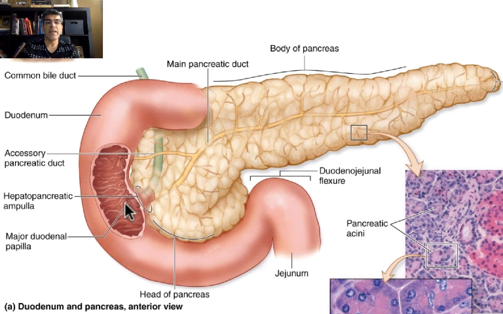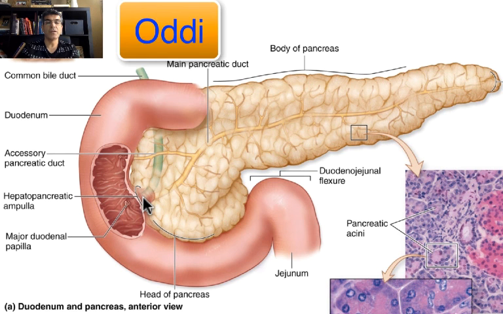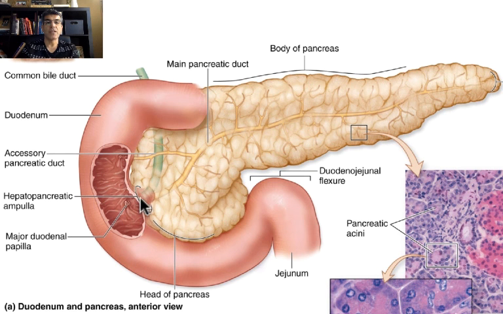On the other side, inside the small intestine, you can see there is a small bulge like a nipple, and that is called the duodenal papilla. In the hepatopancreatic ampulla, there is a sphincter called the sphincter of Oddi. The sphincter of Oddi is closed until food comes inside the duodenum.